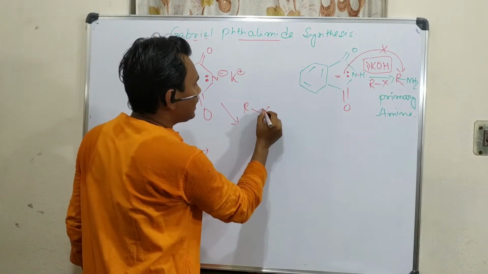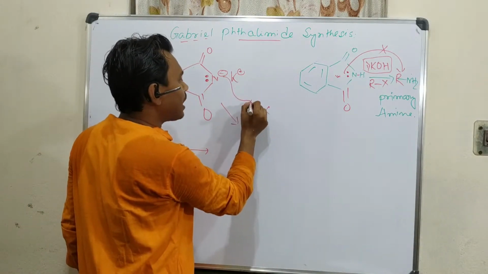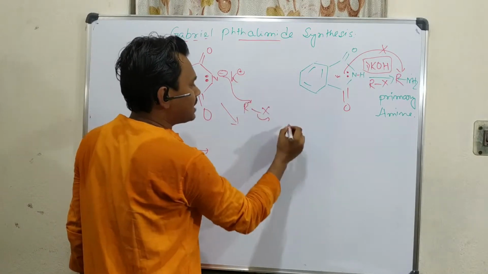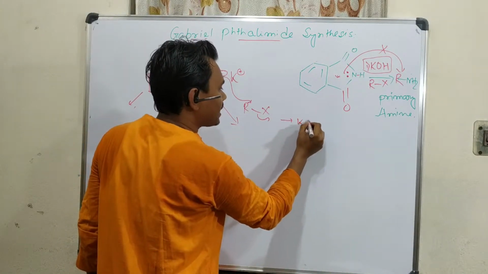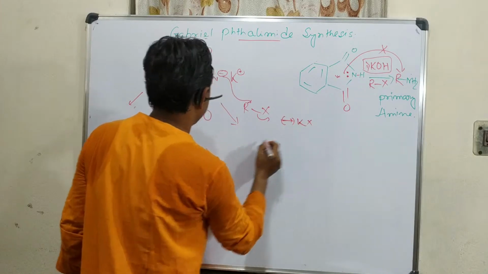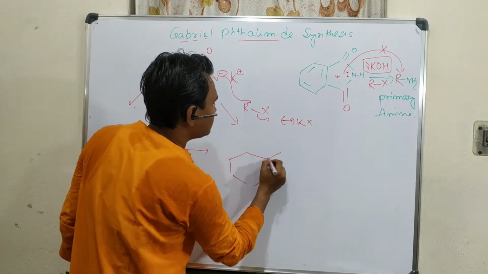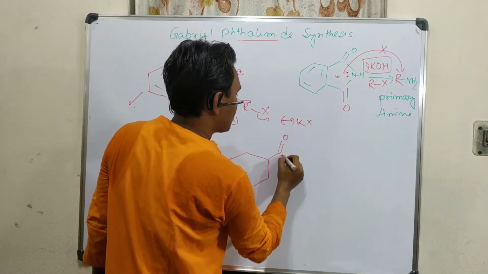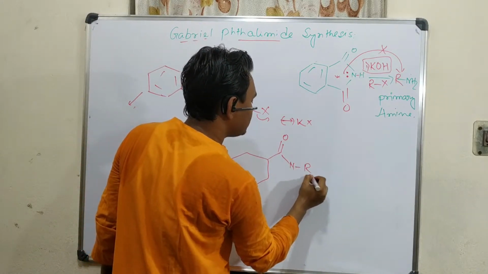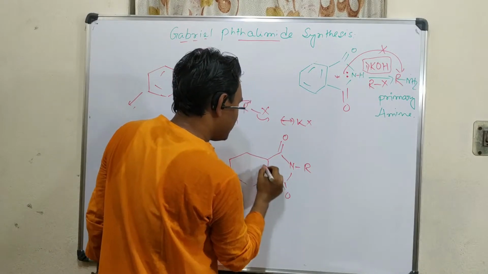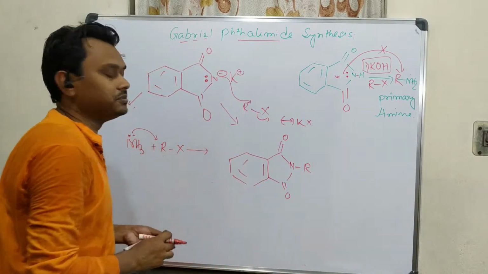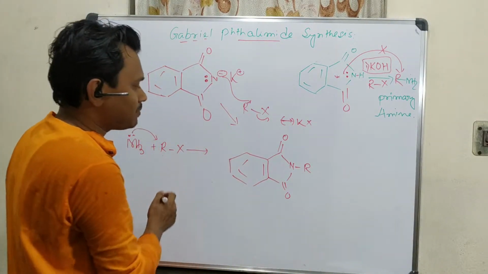If I take RX, then this attacks on the R and X leaves, meaning ultimately KX is eliminated from the reaction medium. And in this way, this alkyl phthalimide is produced. But still it is not a primary amine. Okay, we need to generate the primary amine.